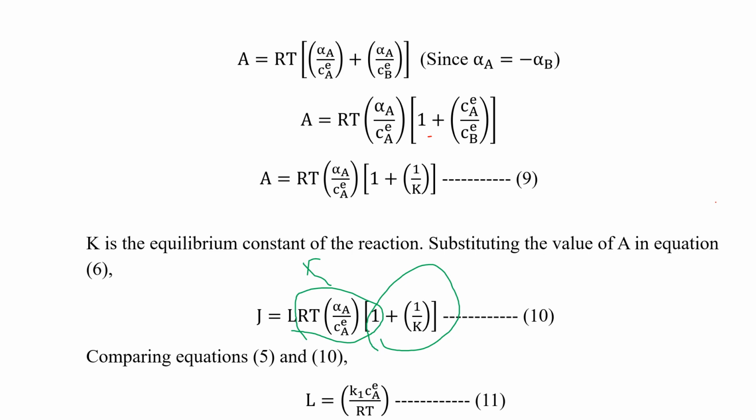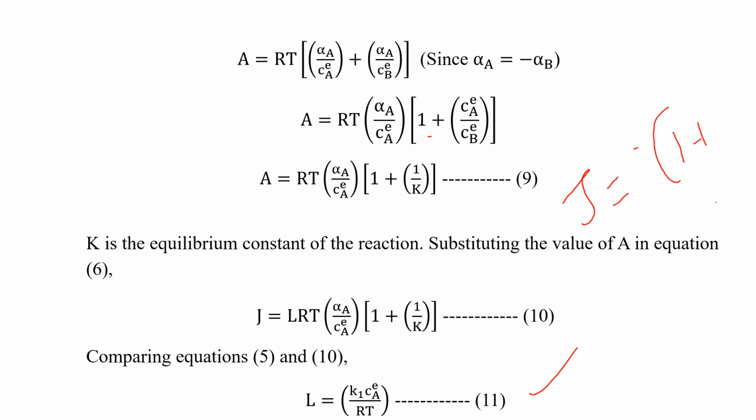So L is equal to K1 CAE by RT. This will be the value which you get if you equate equation 5 and 10. In equation 5 you will be having J into some value, along with that 1 plus 1 by K. The remaining value should be equated with the values here I am encircling, LRT alpha A by CAE. So you will be getting the value for L.